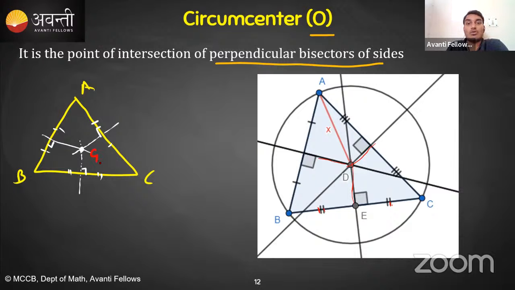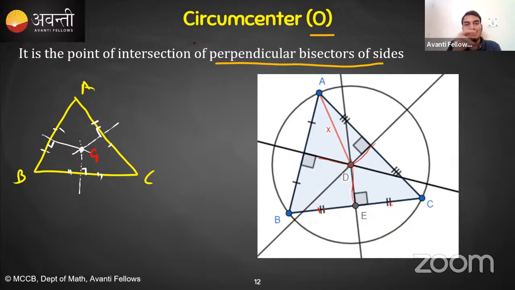Don't get confused between the orthocenter and the circumcenter. In the orthocenter, the line is a perpendicular from the vertex. The altitude of a triangle may or may not bisect our sides. Is this clear?